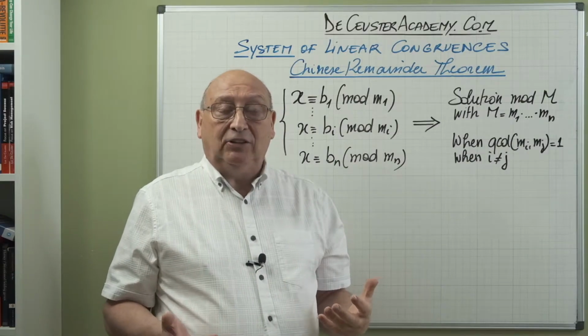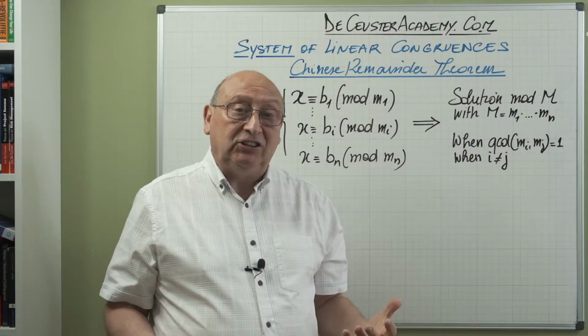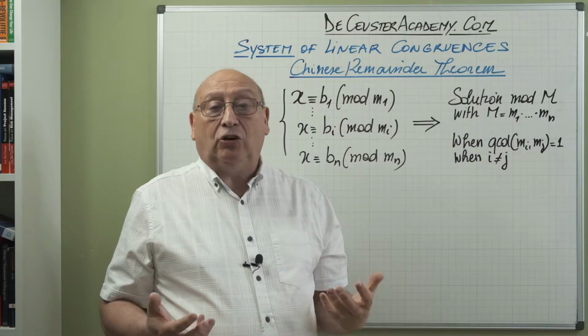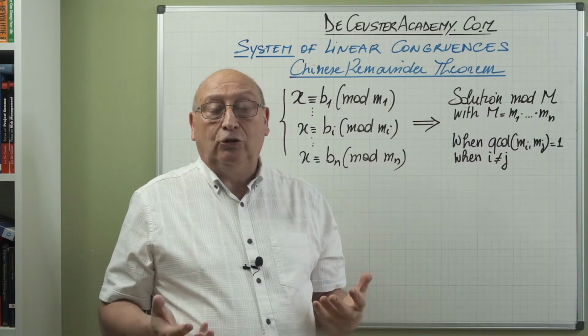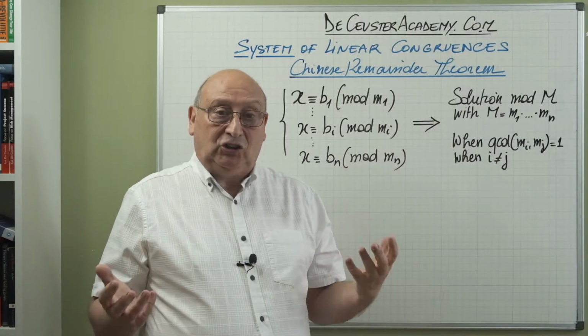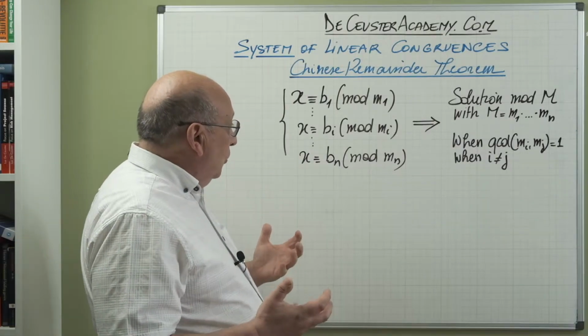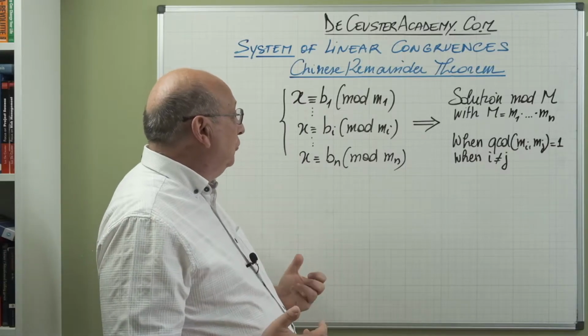The Chinese remainder theorem is called the Chinese remainder theorem because this originated from a problem that was stated by Sun Tzu in Chinese history, and we try to find a solution for that.